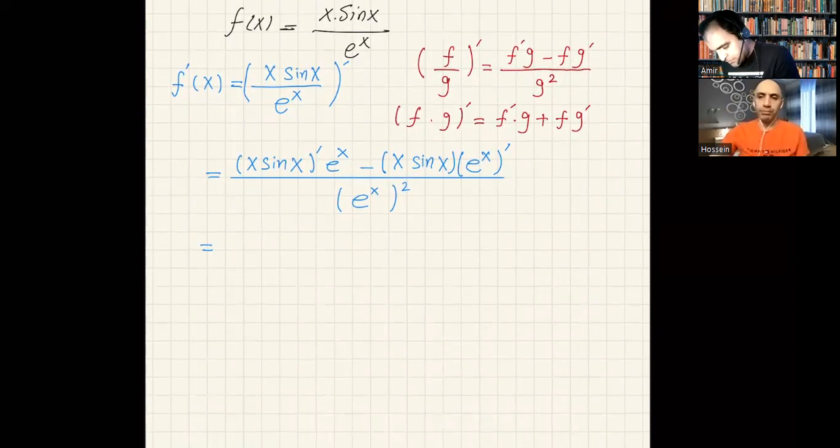So the derivative of this is something like this, the product rule.